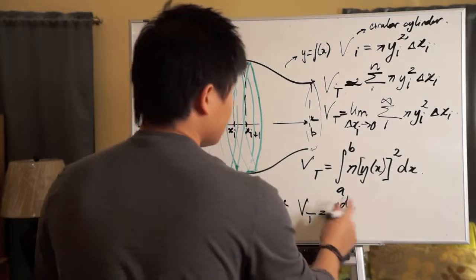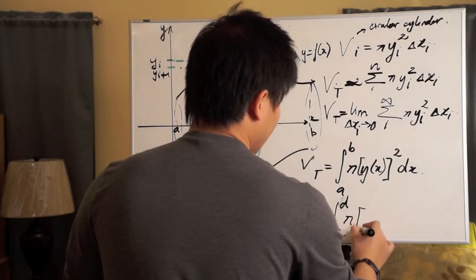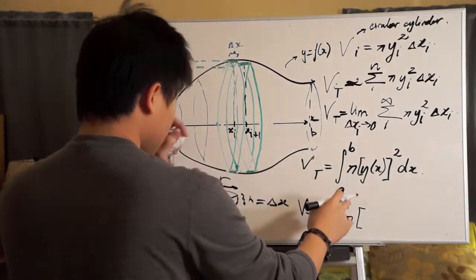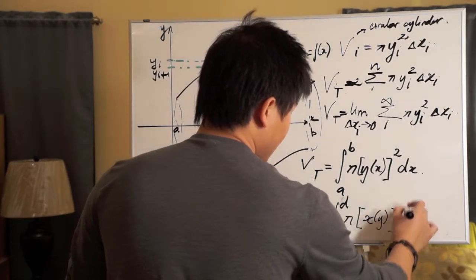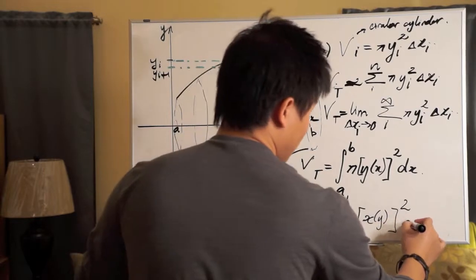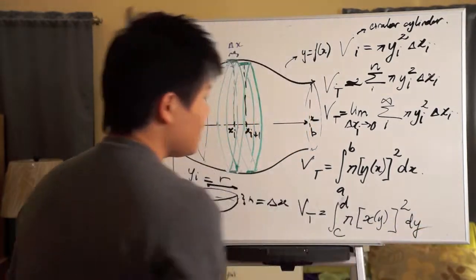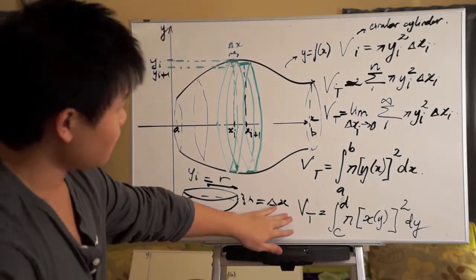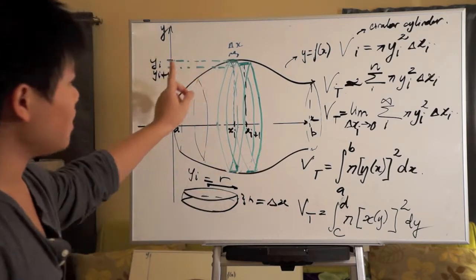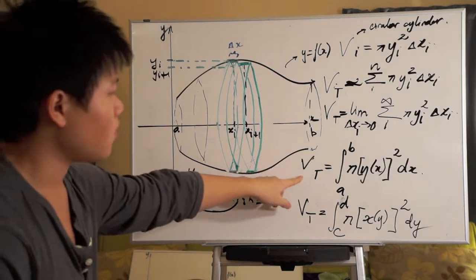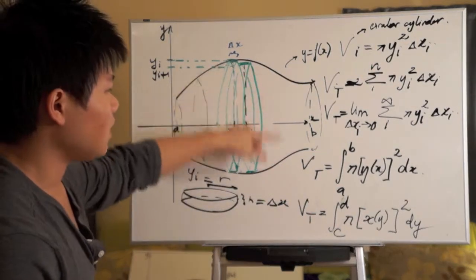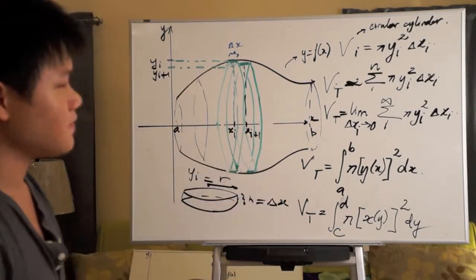So from c to d, pi, and here y in terms of x turns into x in terms of y, squared, dy. This is the equation for when you generate a solid around the y-axis, and the earlier one is for when we generate a solid around the x-axis. Thank you very much.